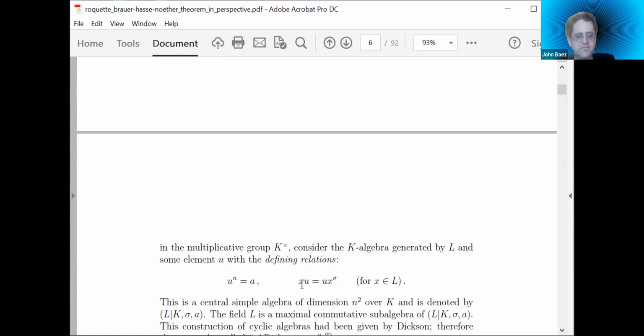The first is that this U guy doesn't commute with guys in the larger field L. So when you commute it past a guy X in the larger field, this X to the sigma means you apply an element of the Galois group, this generator of the Galois group.